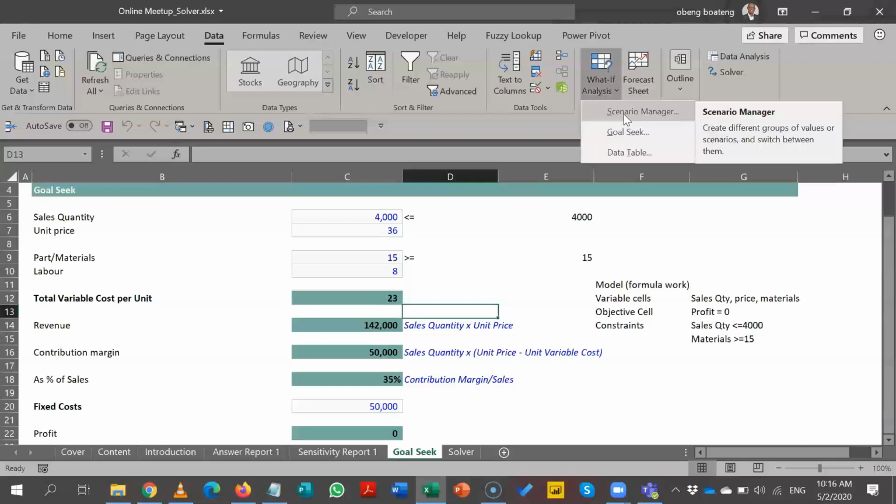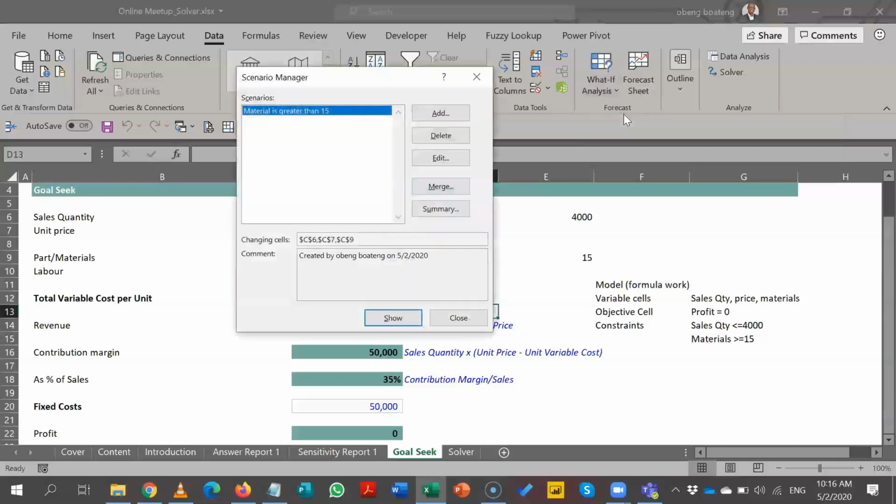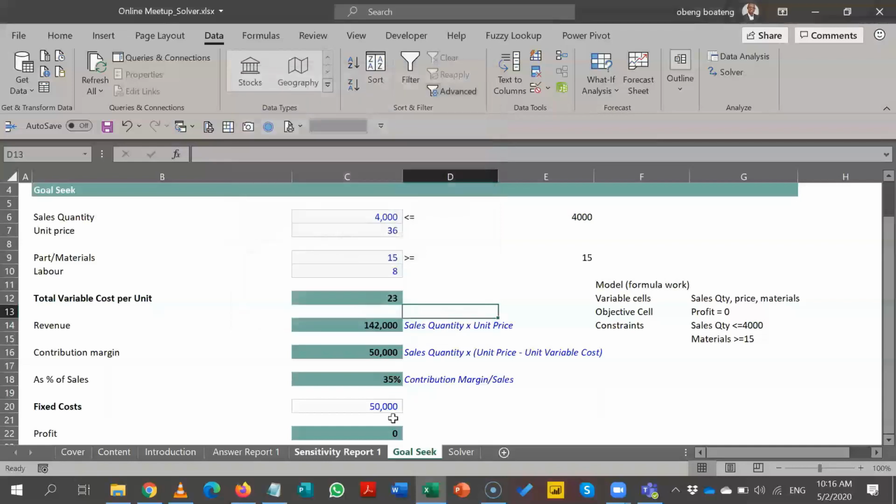If you save a scenario and you go to Scenario Manager, you see all the various scenarios that you saved. You can click Show, because I have only one scenario here. In fact, I could have saved the scenario before accepting this one.